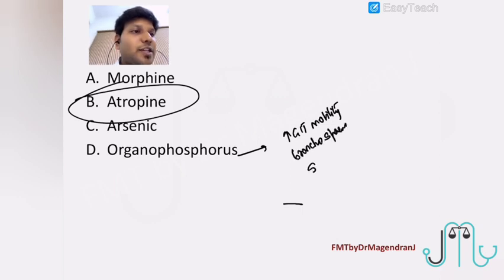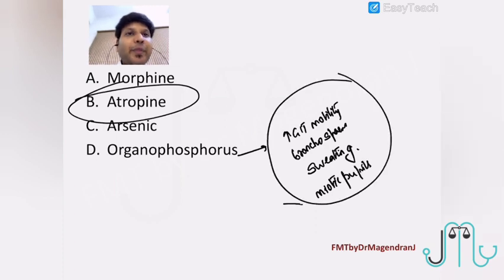There will be intense sweating, miotic pupils. All this is seen with OPC poisoning, which we can easily remember as DUMBELLS.